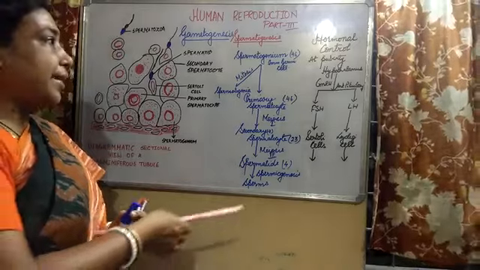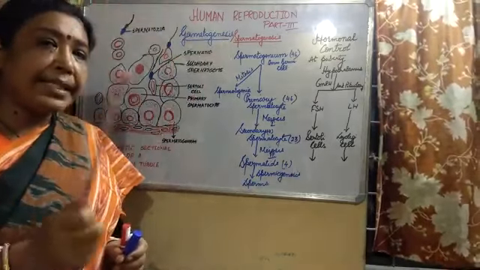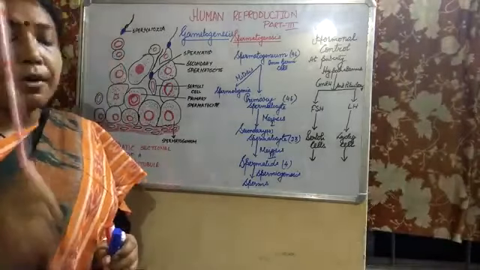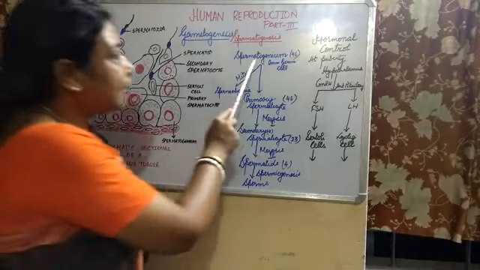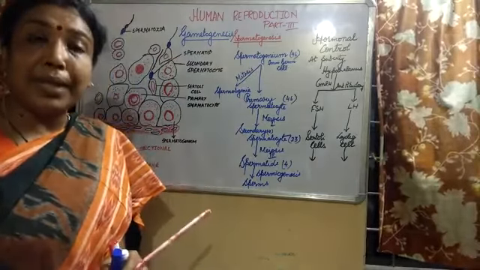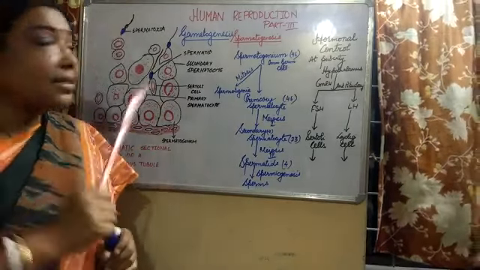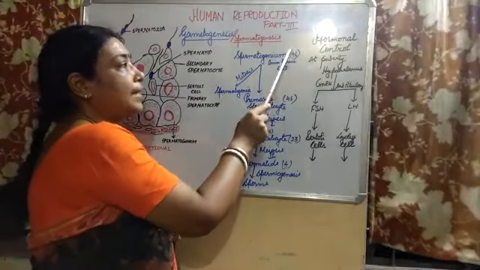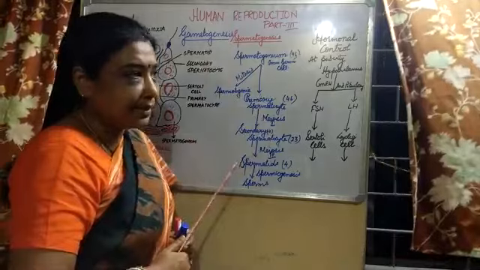First of all, children, I told you that the inner walls of the seminiferous tubule are lined by two types of cells. One is the immature male germ cells, and they are known as spermatogonium. Those mother cells are known as spermatogonium. The chromosome number is diploid, 46.